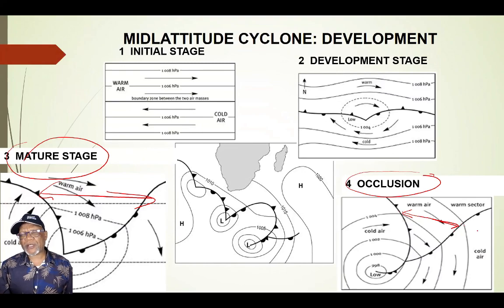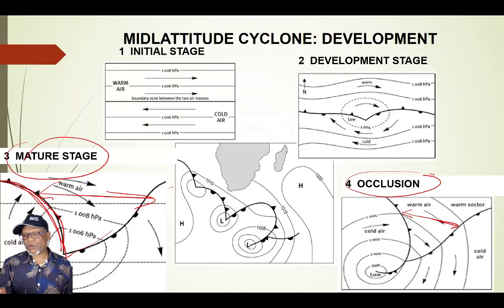Both fronts are moving in the same direction, from west to east, because this is a mid-latitude cyclone. But you can see the steepness of the front here. The front here is steeper, but the front here is more gentle.